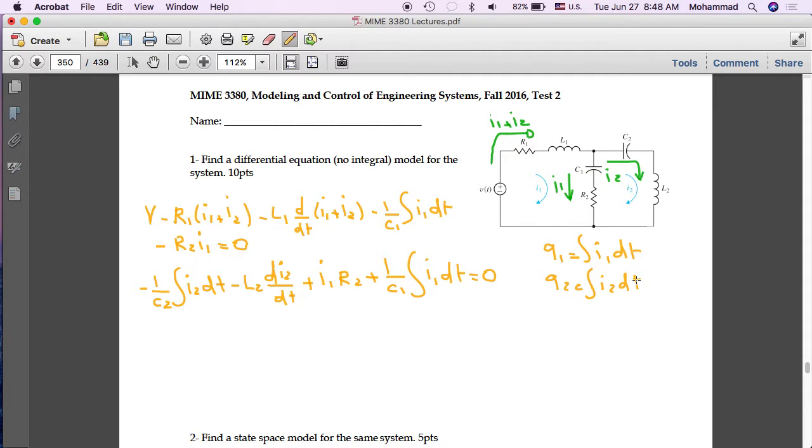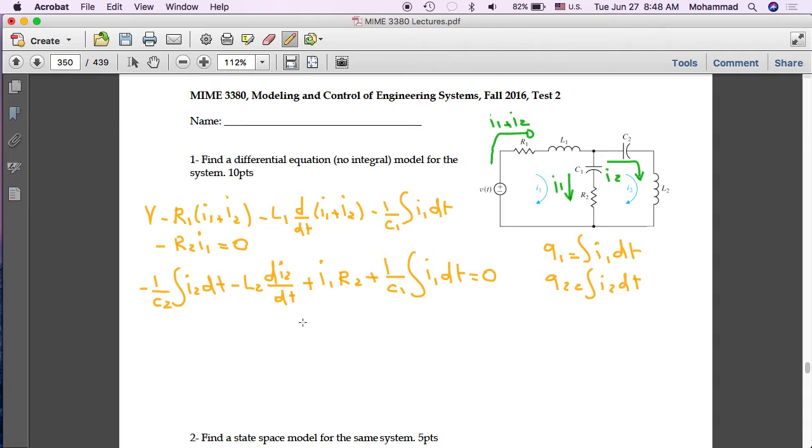So the charge is the integral of current. That's the definition of charge. So you're going to write everything in terms of charge and its time derivatives instead of a mix of integral of current, current, and its derivative.